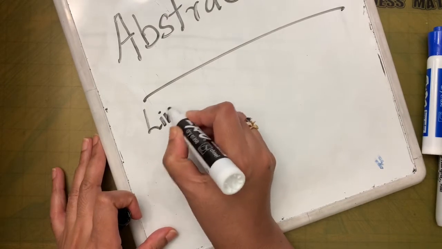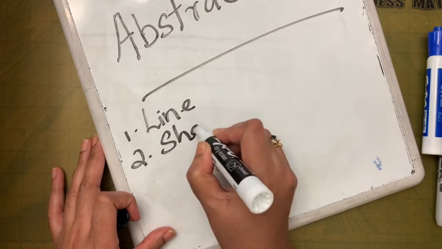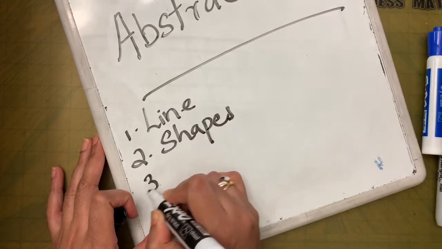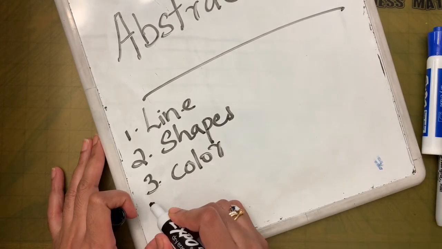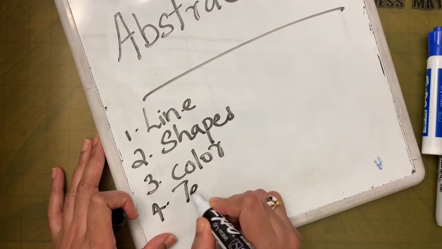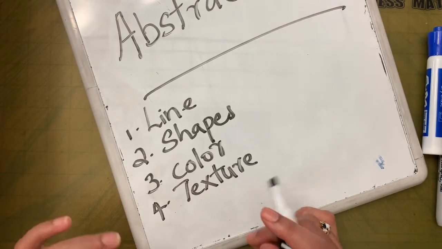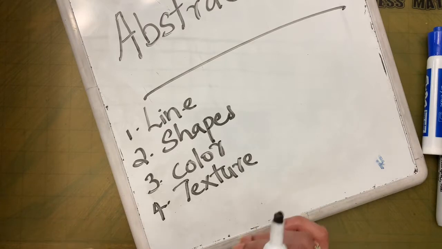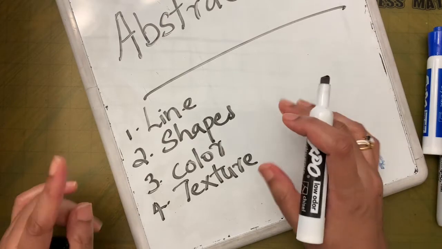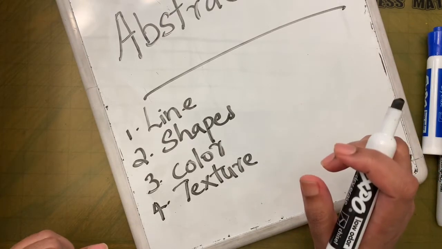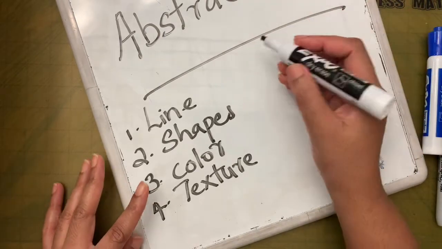Just like our regular art, abstract art is made with line, shapes, color, texture. Right? These are the things that we use in regular art, right? And the abstract art, we can divide into objective abstract and non-objective abstract art.